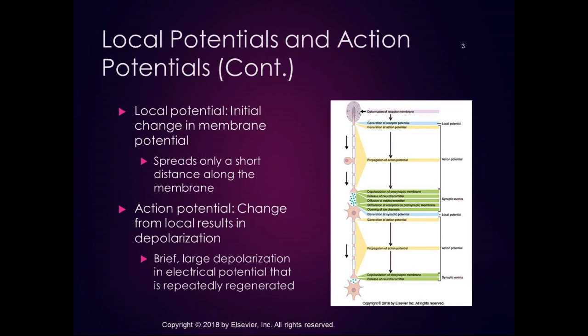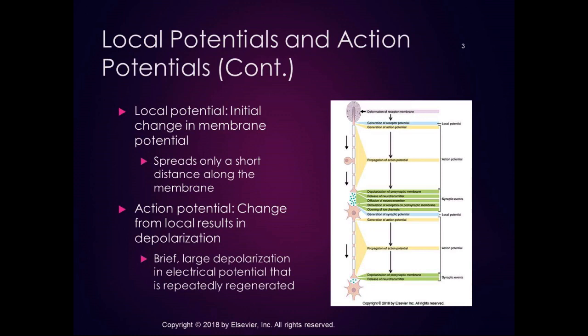So maybe you sit on a chair and you put some pressure, or you apply soft tissue mobilization and you deform a pressure receptor. The change in local membrane potential in the sensory ending creates a local potential. If there are enough of those local potentials, you generate an action potential, which then propagates down the sensory axon.